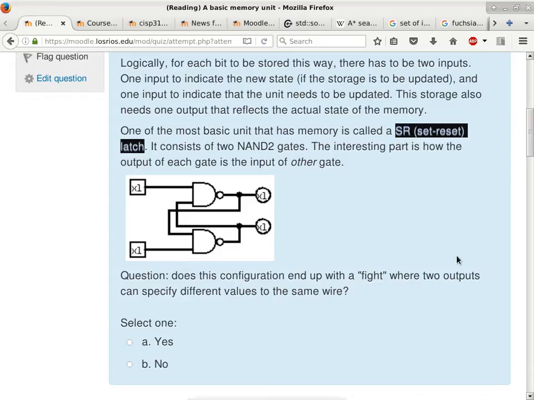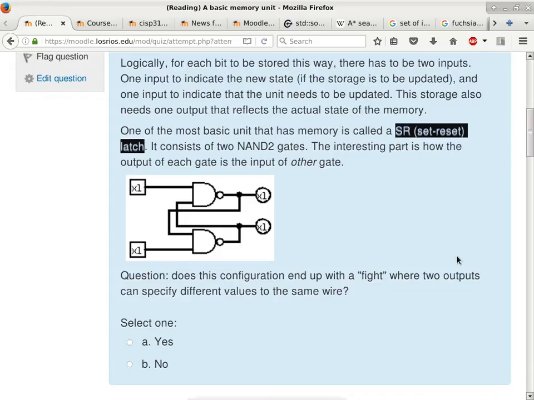Say it one more time. Okay, let me say it one more time. If I want A to be a 0, that guarantees B to be a 1. If I want A to be a 0, it automatically means B has to be a 1.